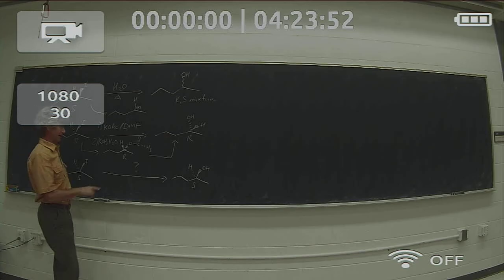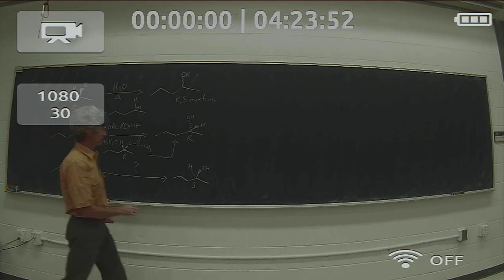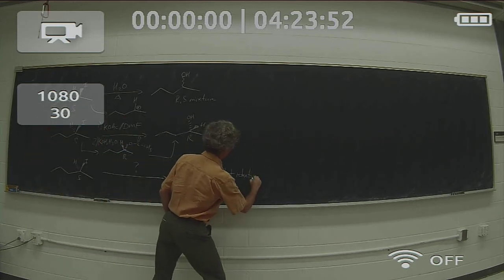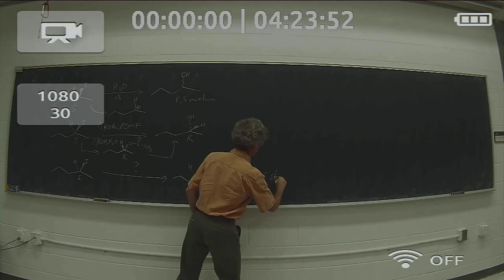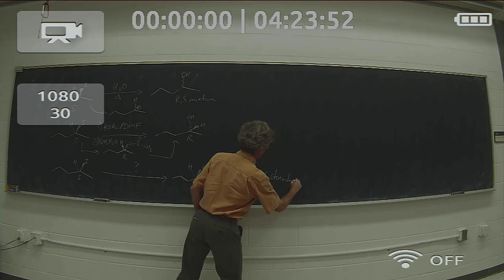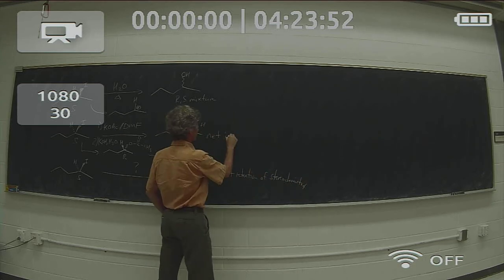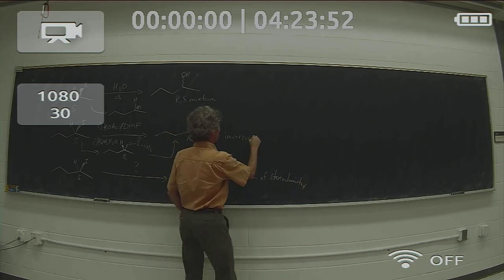Is there a way that we can get net retention of stereochemistry, as opposed to net inversion of stereochemistry?